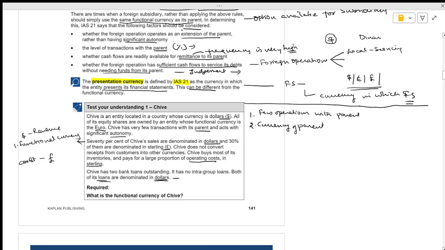CAI is the entity located in the country whose currency is dollars, and CAI has very few transactions with the parent. All the equity shares are owned by the entity whose functional currency is euro. Now, what it says is that we cannot say it is the currency of the parent.